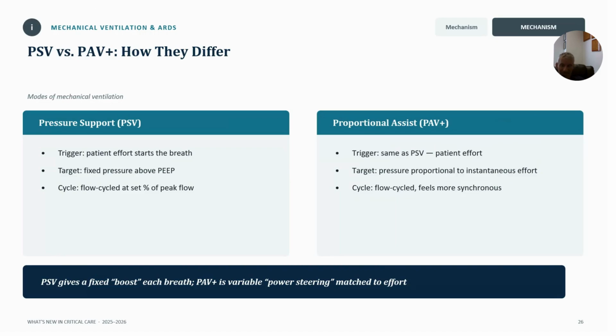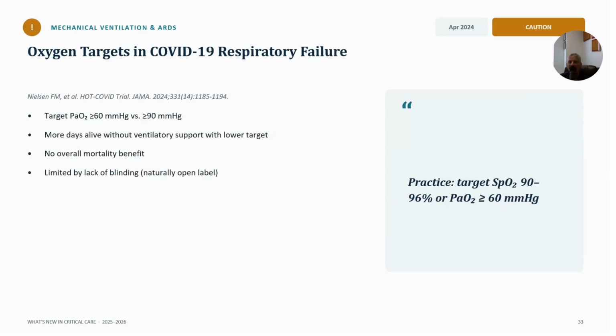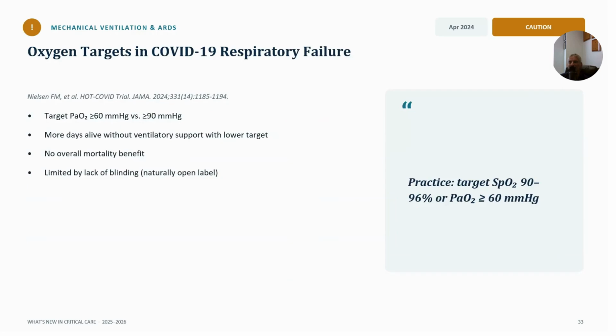So it is matched, rather than giving a fixed boost each breath. So I told you what it is. And in the end, the promising trial did not show any benefit in time to liberation from the ventilator using pressure support ventilation versus proportional assist ventilation. But now you know what it means. There was a little bit less sedation use and delirium.